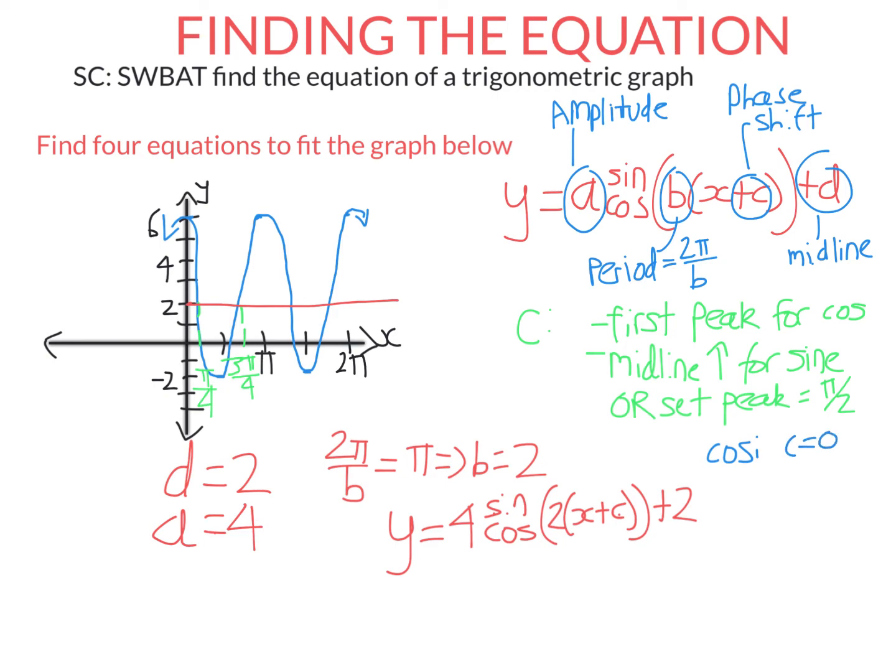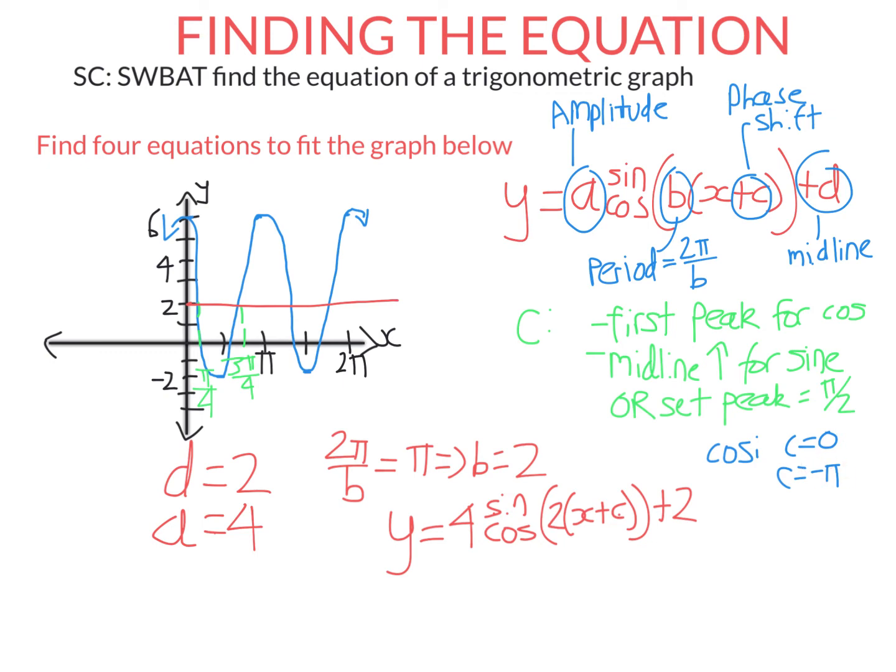There's also a peak here, though, at pi. So I could also have C equals minus pi. In fact, because the period is pi, I could add any multiple of pi and not change the graph. So I could have C equals 0, negative pi, positive pi, 2 pi, whatever.